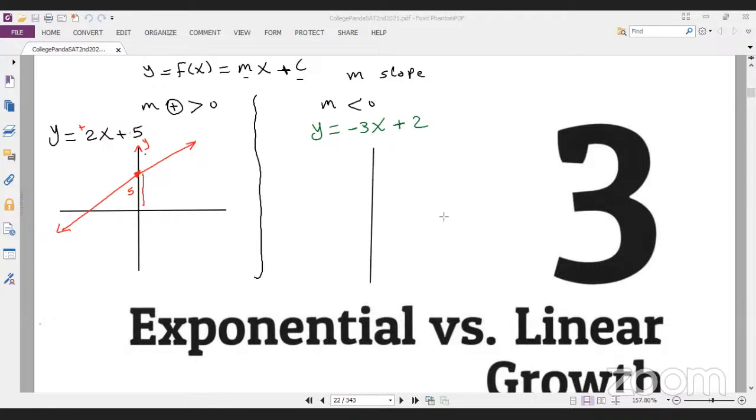We have two coordinate axes like this. Check the y-intercept, or intersection point, which is 2 on the y-axis. And we already know the slope m is -3.